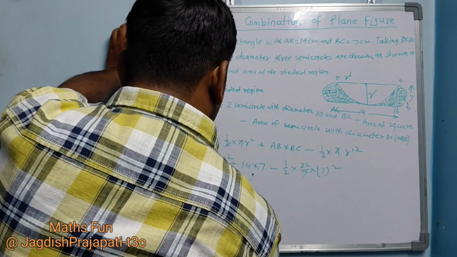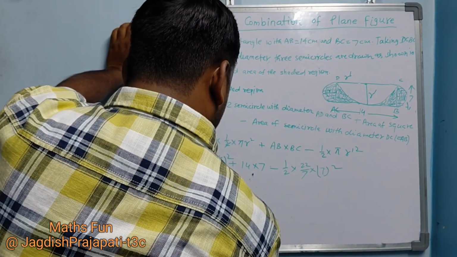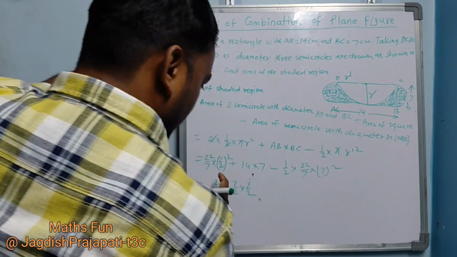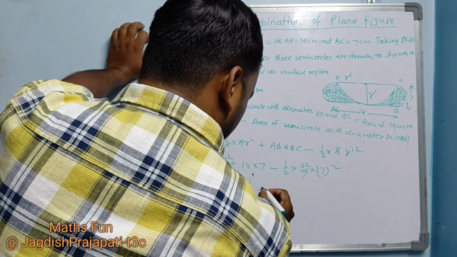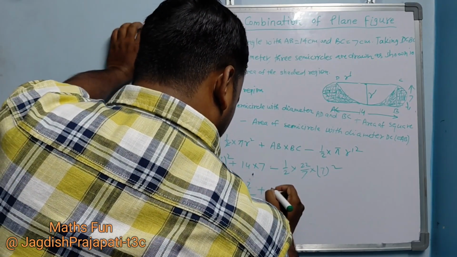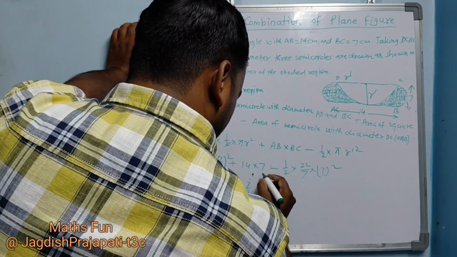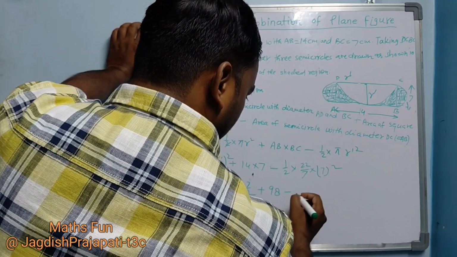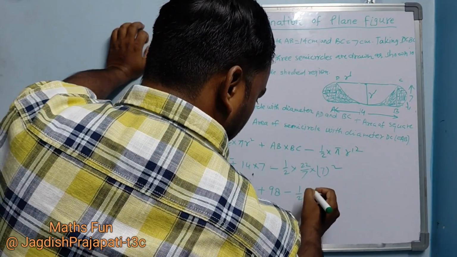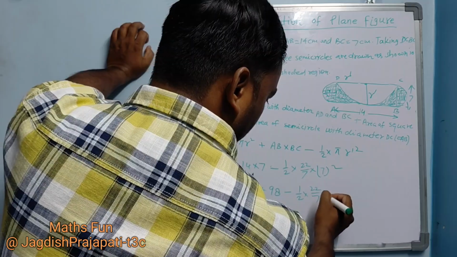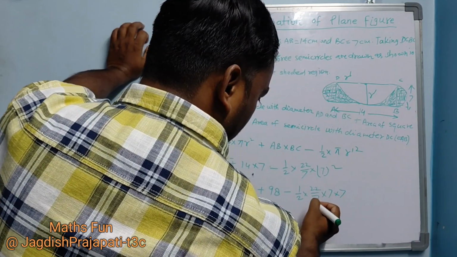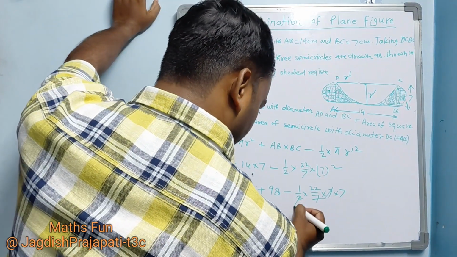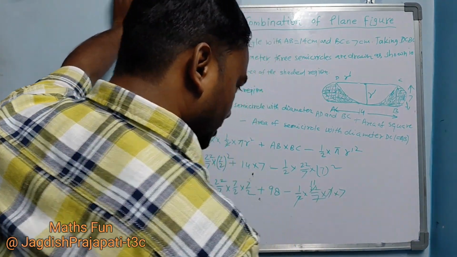So now solve this. 22 by 7 into 7 by 2 into 7 by 2, to make the calculation simple, and this will be 98 minus 1 by 2 into 22 by 7 into 7 into 7. This will be cancelled out.